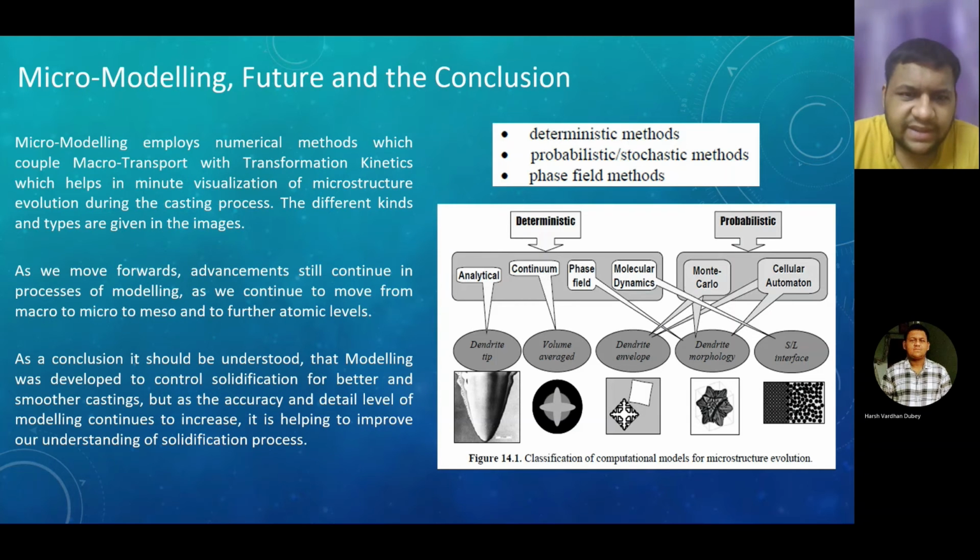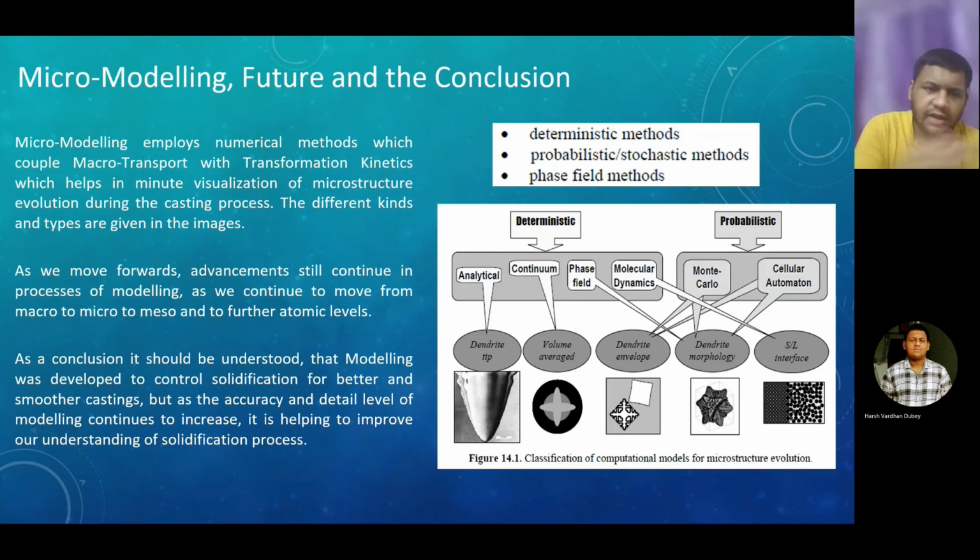And what exactly is micro modeling? It can be divided into three broad parts, that is deterministic, probabilistic, and phase field models, which have been discussed by many of the other creators and my friends on YouTube. Micro modeling employs numerical methods which couple macro transport, that is the heat transport and momentum transport, along with the transformation kinetics, which helps in minute visualization of microstructure evolution during the casting process.